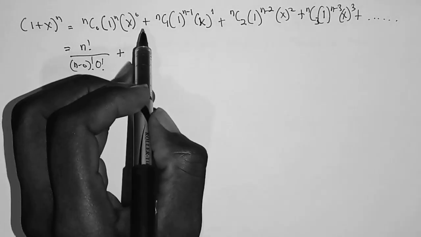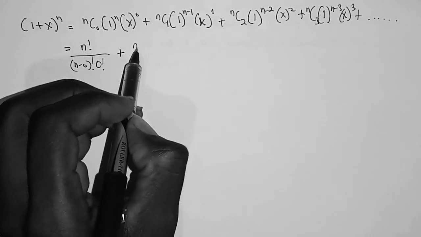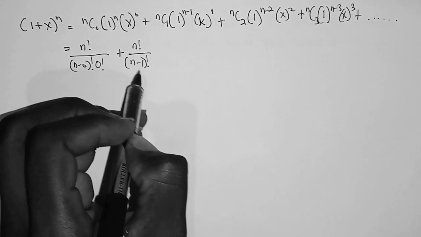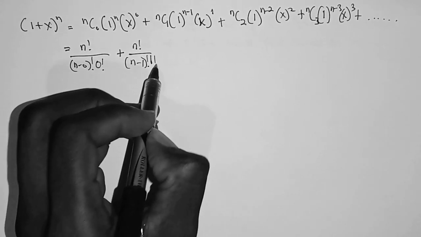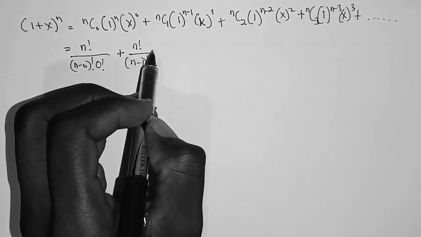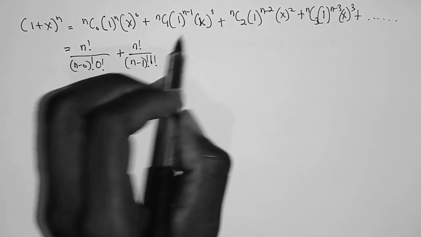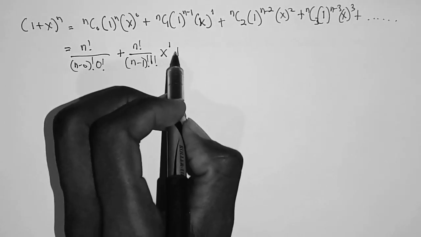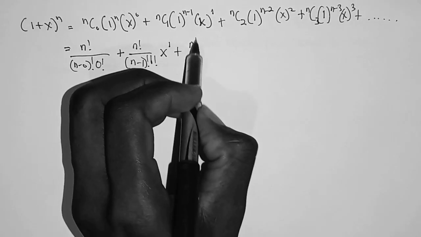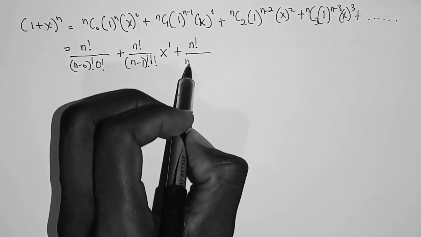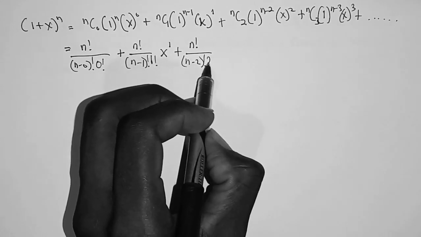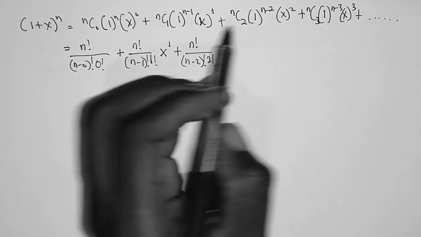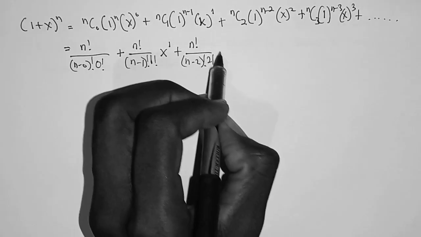Then plus nC1 is the same as n factorial divided by (n-1) factorial, 1 factorial, times 1^(n-1), which is the same as 1, times x^1, then plus nC2 is the same as n factorial divided by (n-2) factorial, 2 factorial, then 1^(n-2) is the same as 1 times x^2.